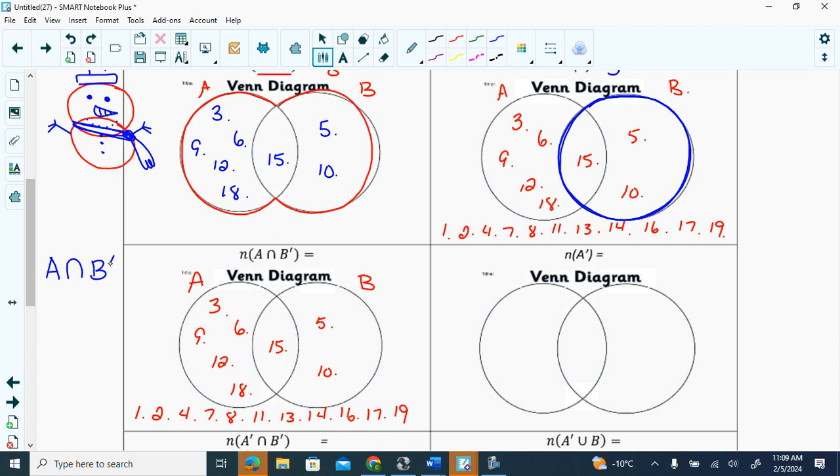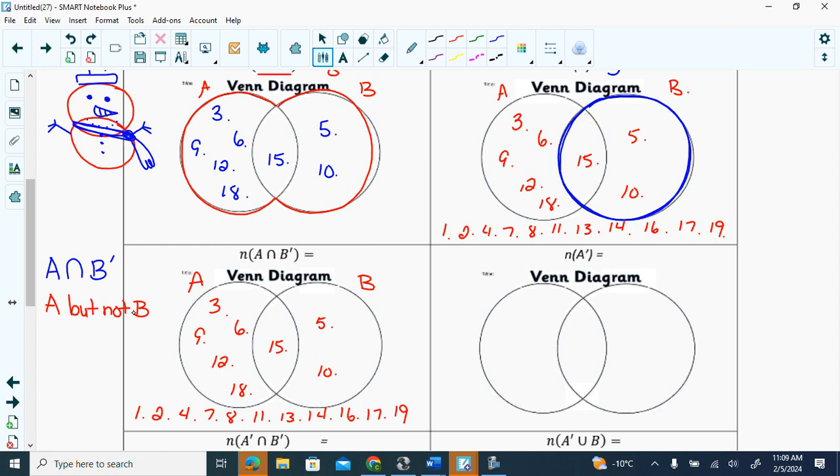The better way to know what that actually is if you want to rewrite it in a different way, you could say A, instead of and, you could say A, but not B. A but not B. So where is A but not B located on there?